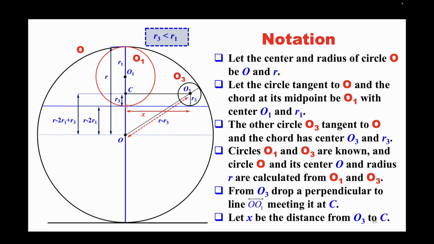Let the distance from the midpoint of the chord to the tangent point of R3 on the chord be X. And of course, because this circle is tangent to O, connecting the line going from O to O3 and extending to the tangent point, these 3 points are collinear. And this distance is, of course, R minus R3.